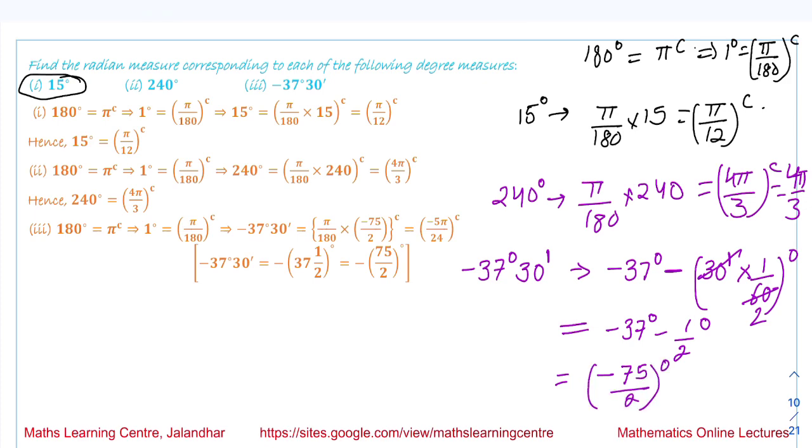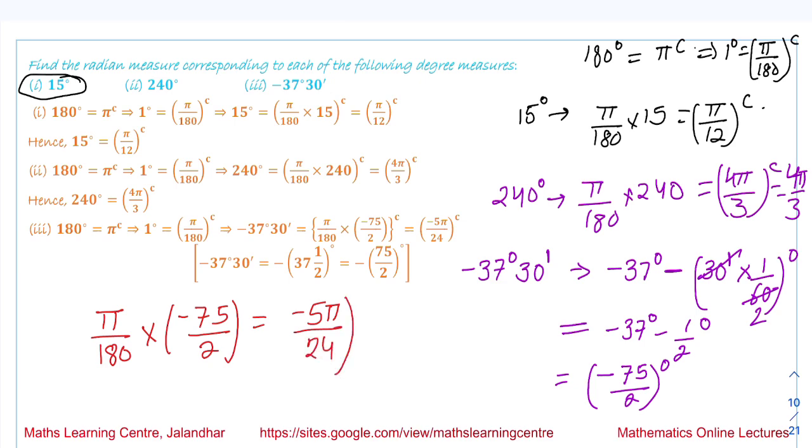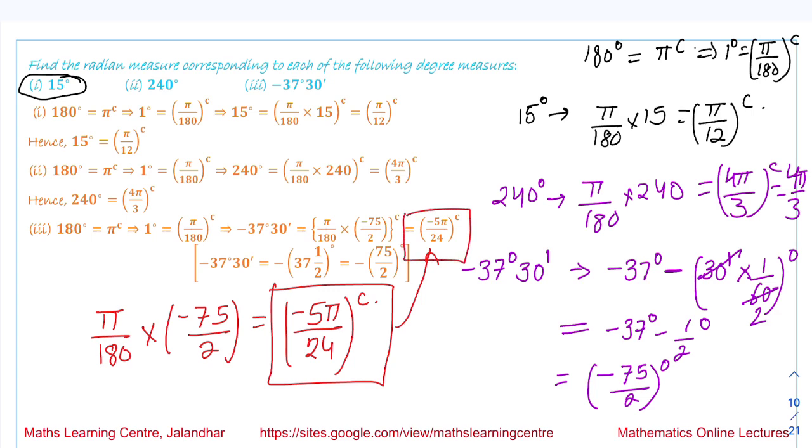So when we convert this value, the answer we obtain is pi by 180 into minus 75 by 2, and this comes out to be minus 5 pi by 24 radians. This is our final answer in this case. So this is how we can convert the values of degrees to radians.